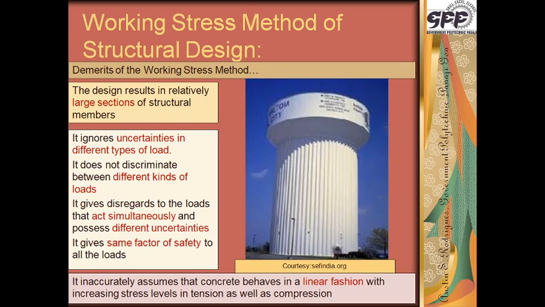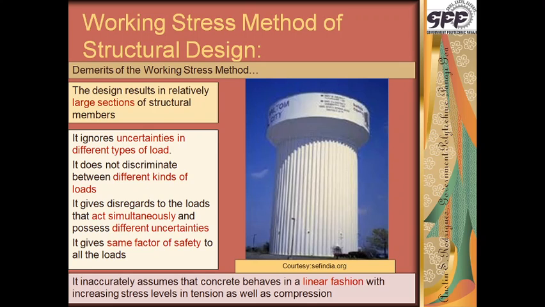Dead load, as we have said earlier, usually has a higher loading than any other type of load. Now this working stress method does not look at any of these loads differently. All the loads are considered the same. The dead load, the snow load, seismic load, live load are looked upon the same.